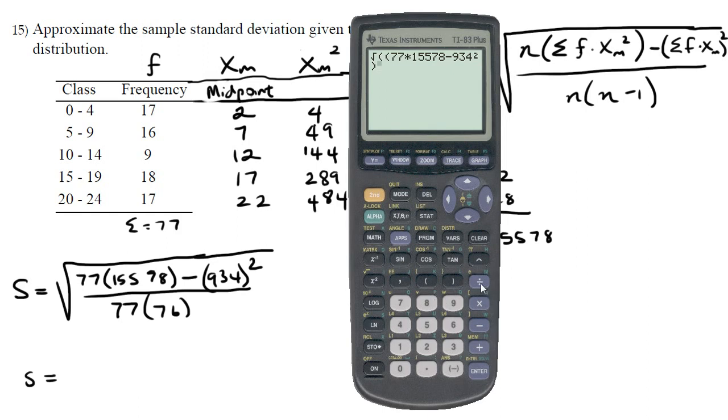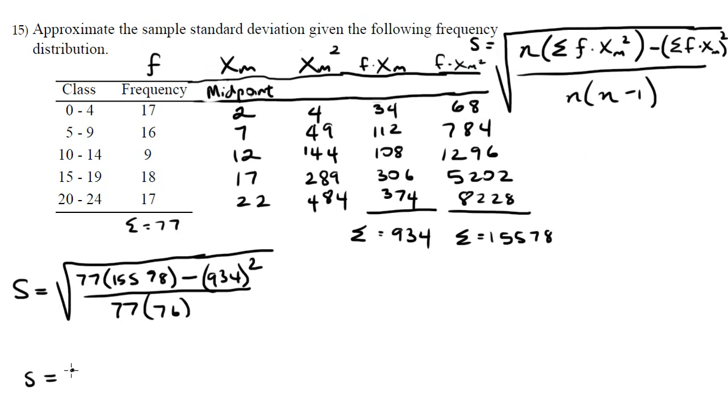Close that numerator, divided by, I'll put that in parentheses too, 77 times 76. Close that parentheses, close the square root parenthesis. So there's my sample standard deviation, 7.47. I'll round that to 7.5.